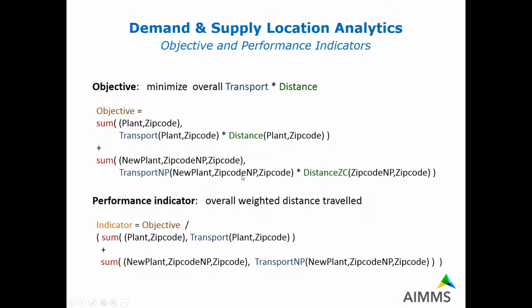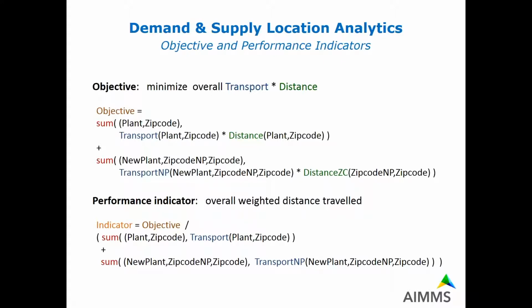So zip code NP denotes the index of all the zip codes that allow new plants. And this variable has then to be multiplied by the distance between the zip code of the new plant and the zip code that receives shipments from the corresponding plant.